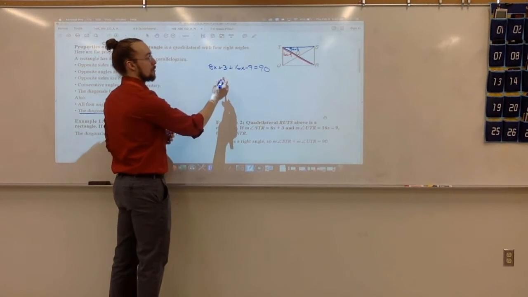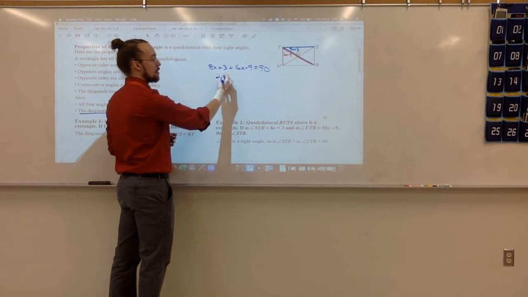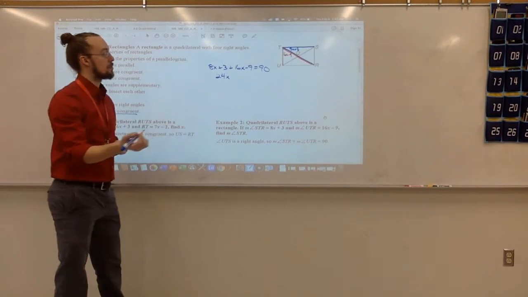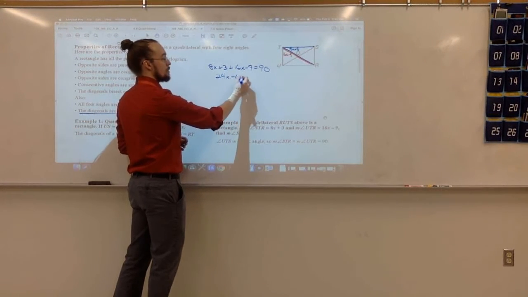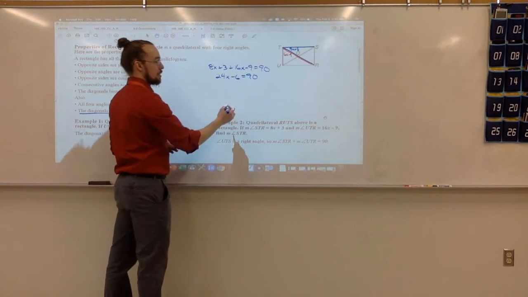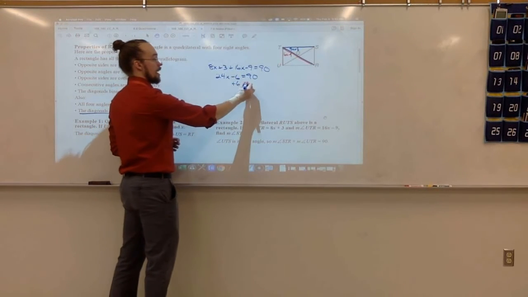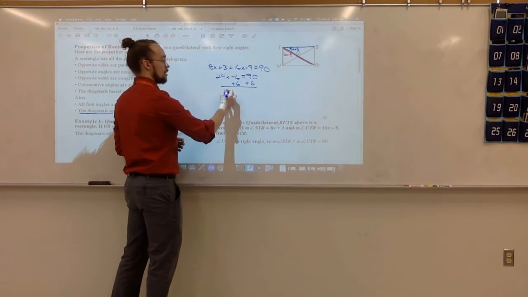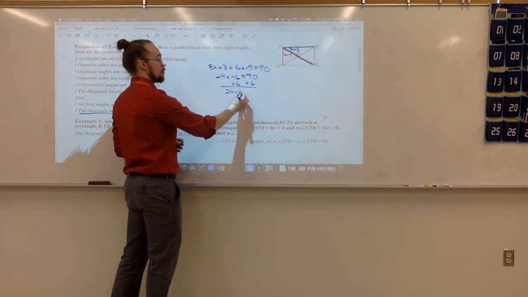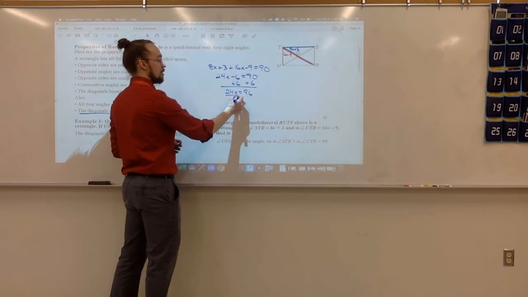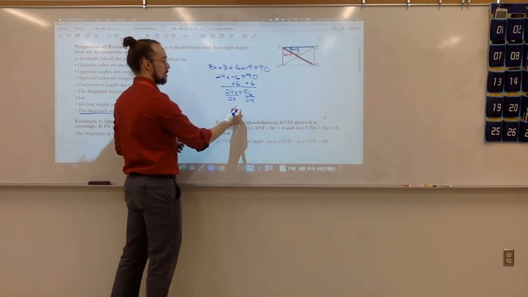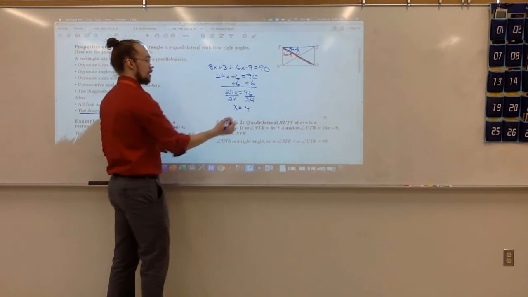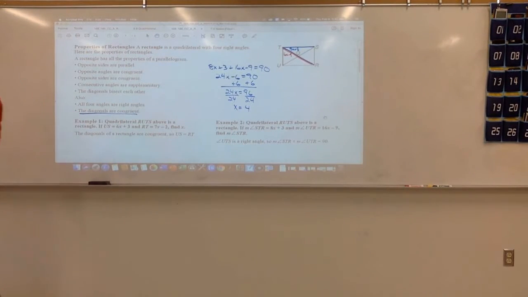Combine like terms: 24x, positive 3 and negative 9 would be negative 6, equals 90. Add the 6 over, 24x equals 96. Divide by 24. I think that gets x to be 4.